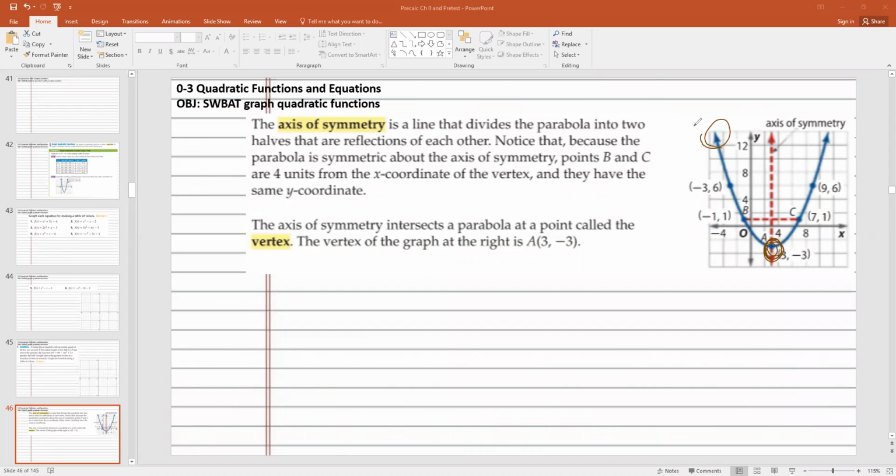It looks like you're going left, but here you want to imagine it going down, going to the right. So start here, and as you go to the right, notice that it goes down and then turns here at the vertex and goes up. Ta-da! So that is the vertex, the turning point.